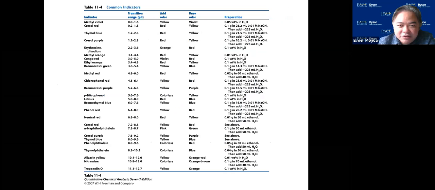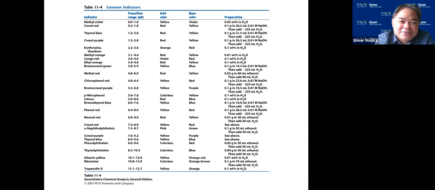Okay. Now, this is your guide of what indicator you're going to use, and this will be helpful in your next exam. Because you might be given a question where you are asked, what is the appropriate indicator for a pH range equal to, let's say, 3 to 5 that I gave you?